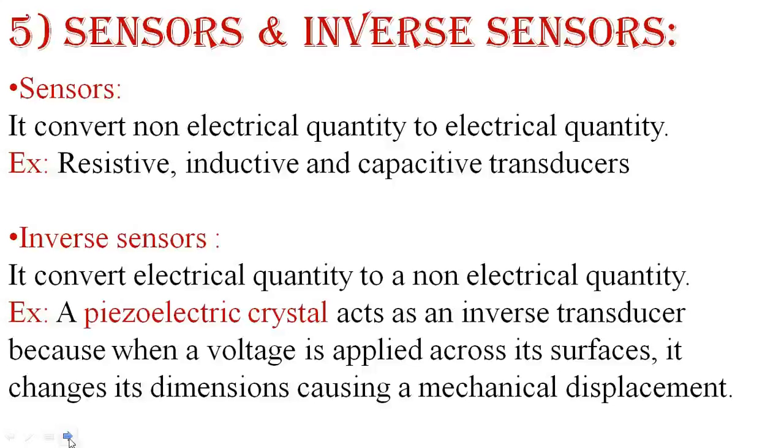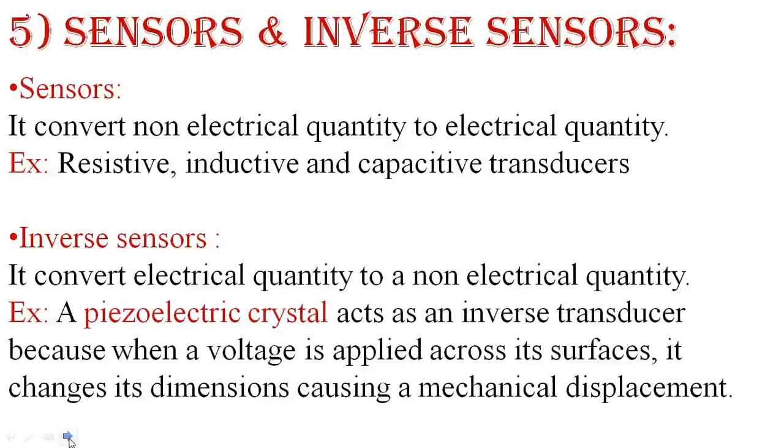An inverse sensor converts an electrical quantity to a non-electrical one. It converts the electrical form to a physical form or physical parameter. For example, everyone knows the piezoelectric crystal. It acts as an inverse transducer, because when we apply voltage across its surface, it changes its dimension, causing a mechanical displacement.